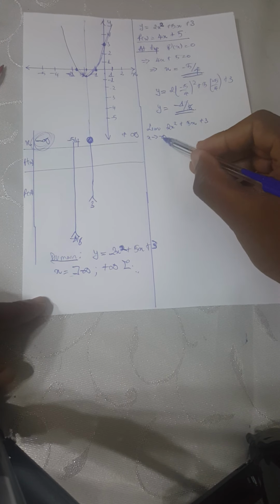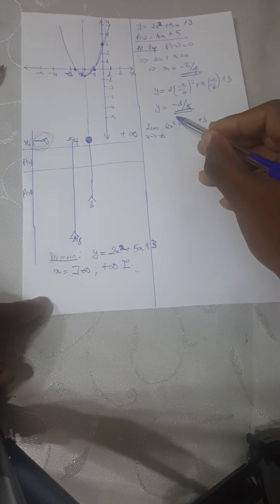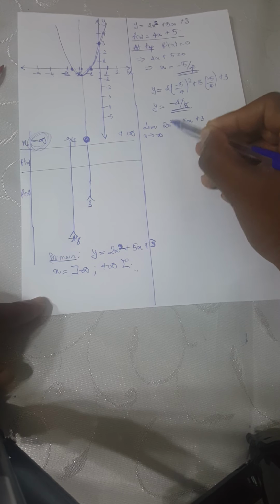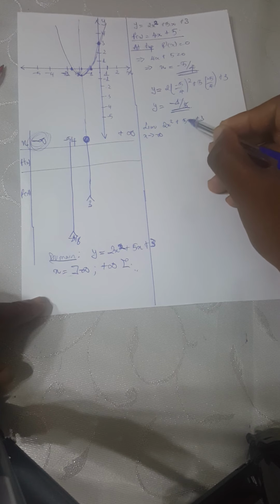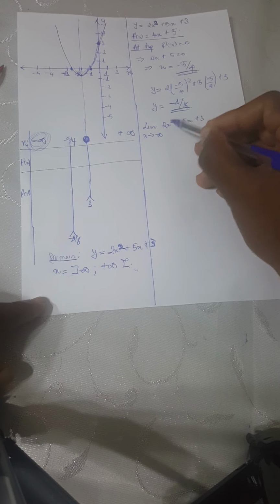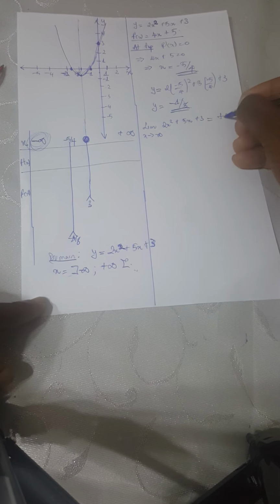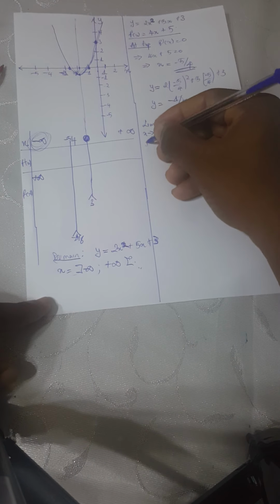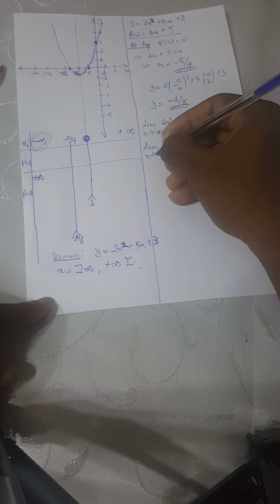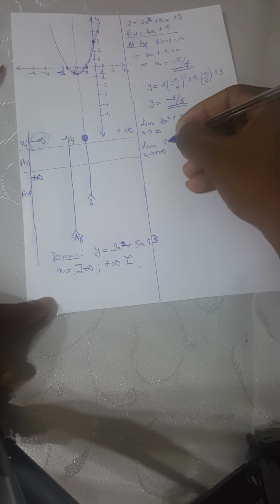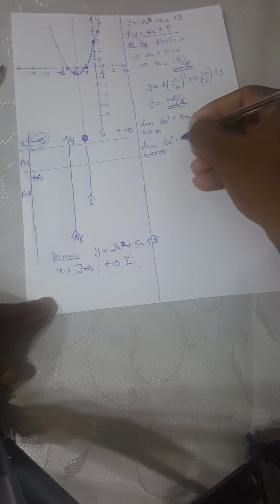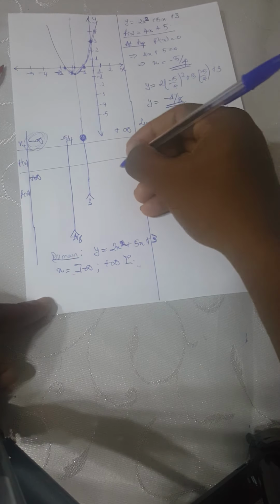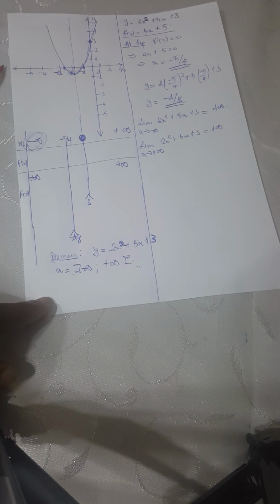I see that if I put a negative here and I square it, and I put a negative here again, the infinity squared plus an infinity is going to be more positive. So that is going to give a positive infinity. And if I try to find the limit as x tends to positive infinity, if I put infinity here and I add a certain positive infinity, I'm still going to have a positive infinity. So here it tends toward positive infinity.